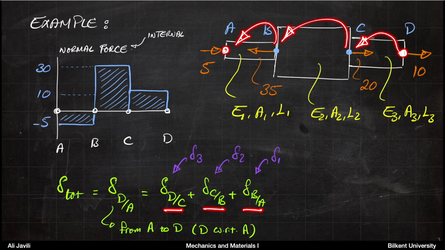In this case, due to the numbering that we have, delta B with respect to A would be delta 1, delta C with respect to B would be delta 2, and delta D with respect to C would be delta 3.